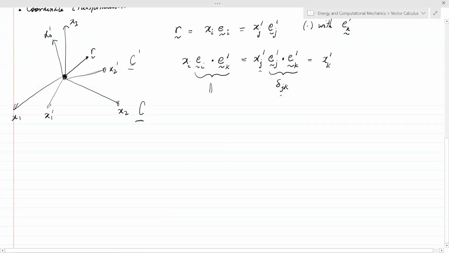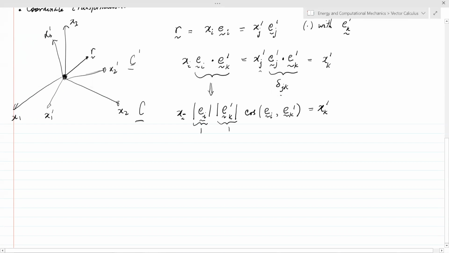So this can be written as xi, times the magnitude of ei, the magnitude of ek prime, and the cosine between those two vectors, ei comma ek prime. And on the right-hand side, I have xk prime. The magnitude of a unit vector is 1, so this is 1 and this is 1.